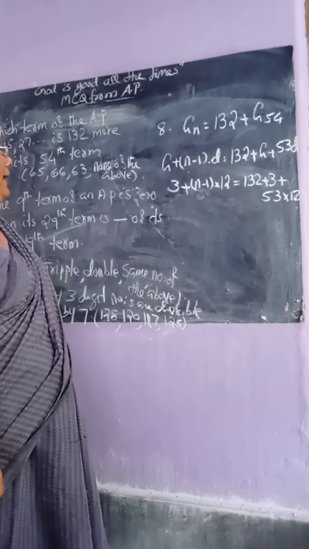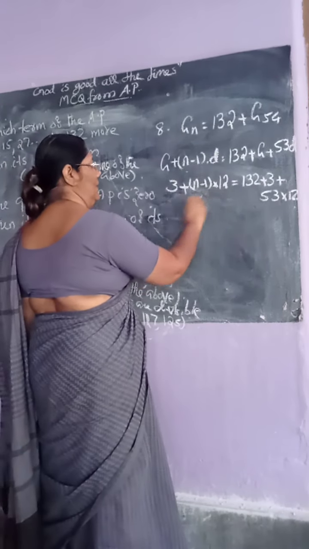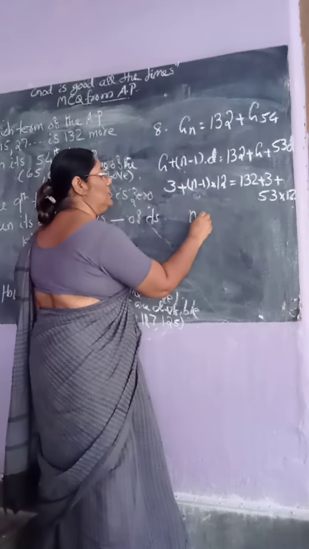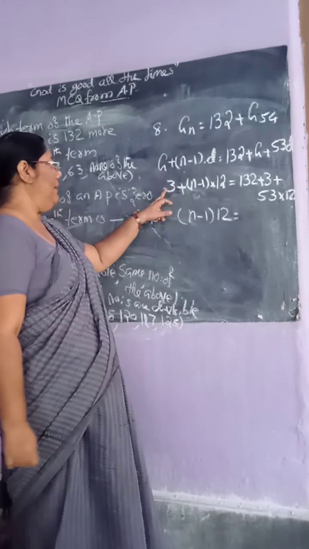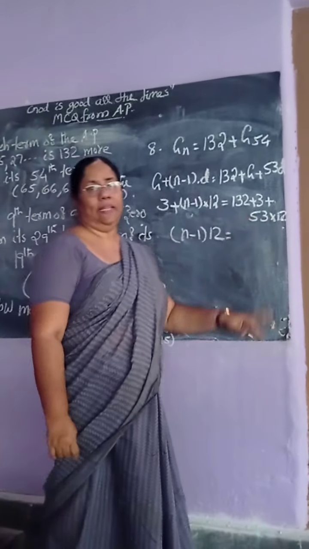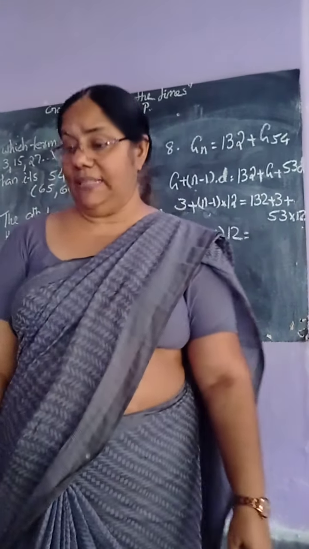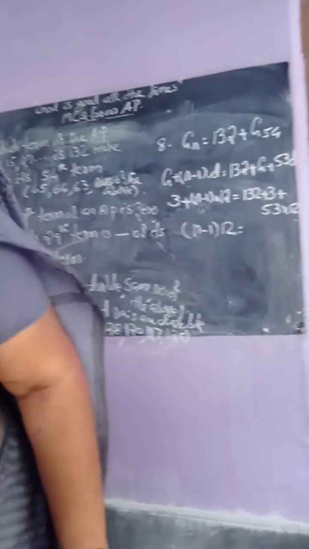Okay. Actually, from both sides you can cancel. N minus 1 into 12 equal to, when you convert this 3 to the other side, 3 minus 3 cancel. Can you say what is the answer? N is equal to?